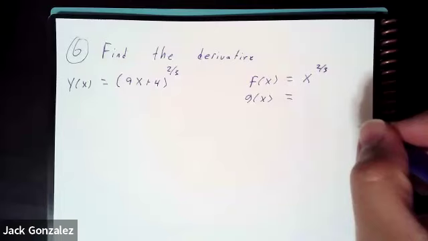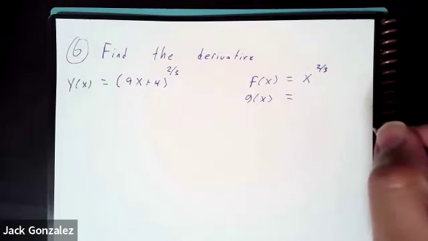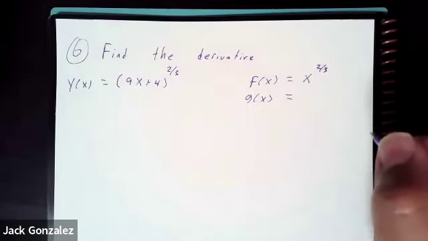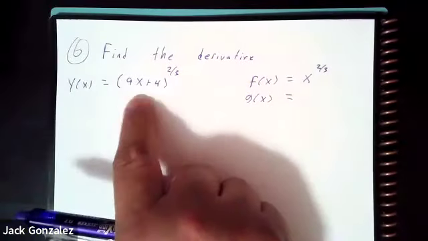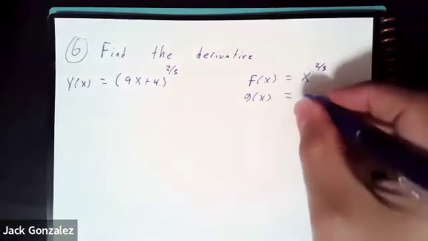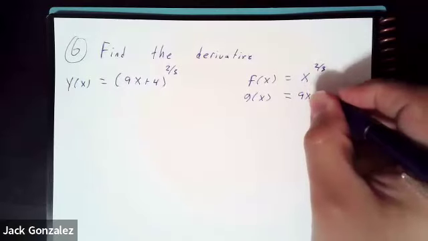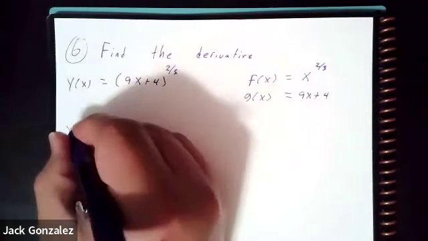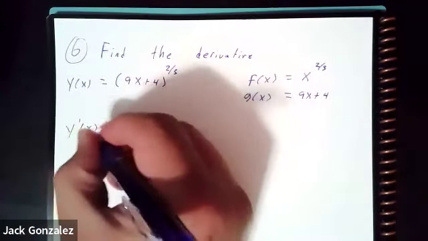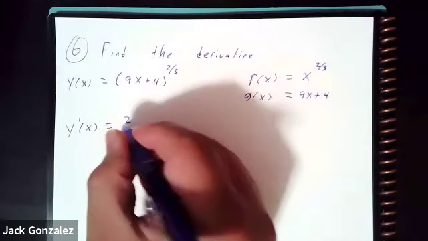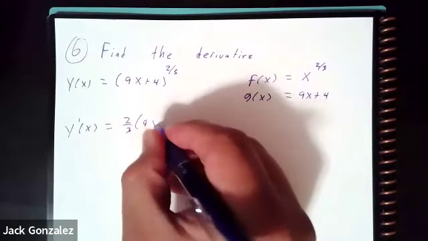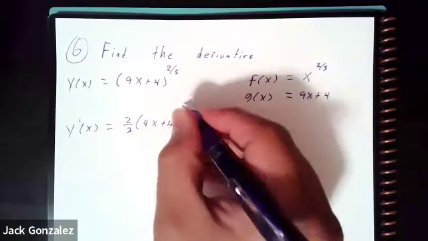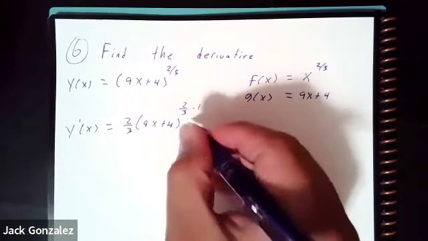Inner will be right here, right? So the derivative of the outside will be 2/3 times this, 2/3 minus 1, that's my power rule.